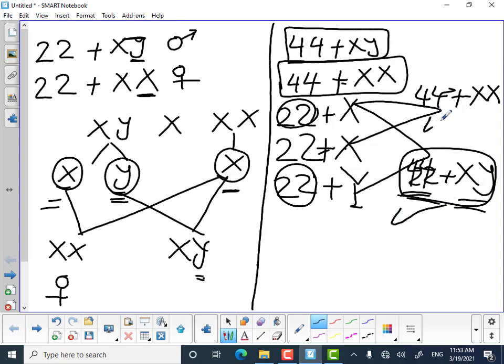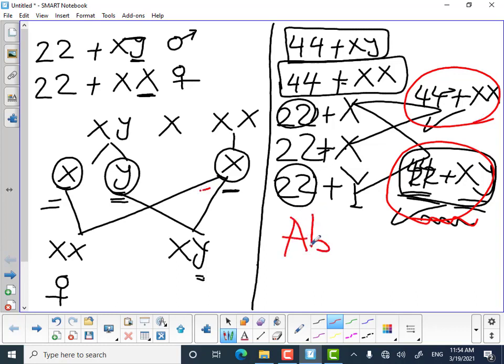This is the normal male and this is the normal female. Maybe abnormality.